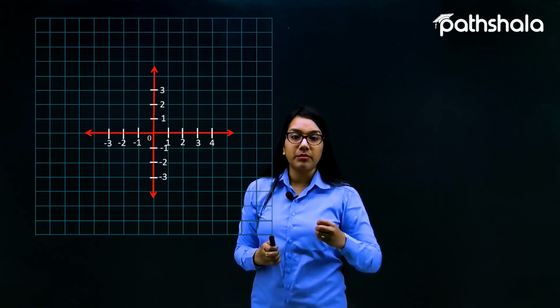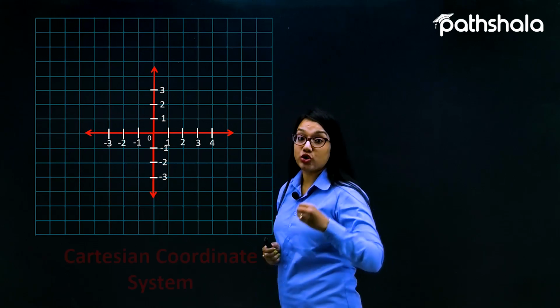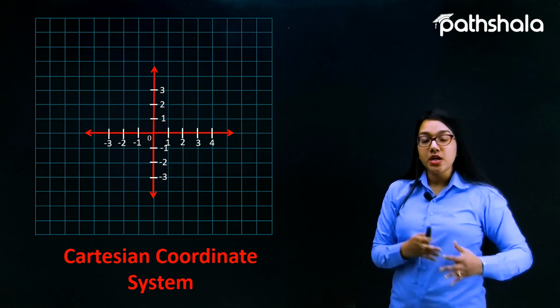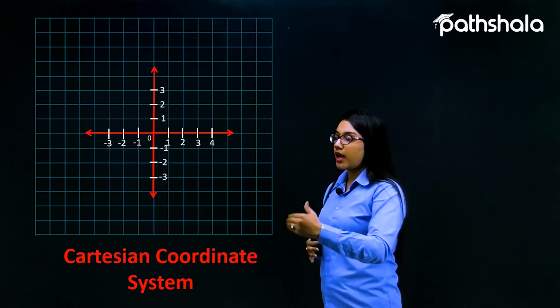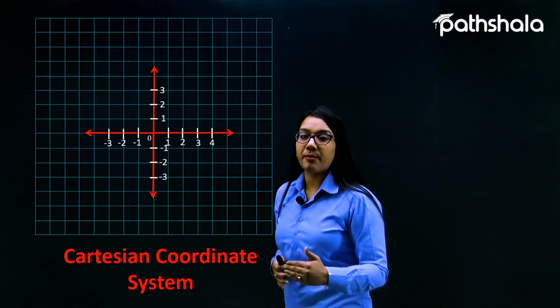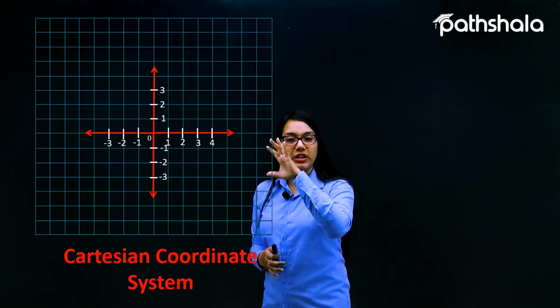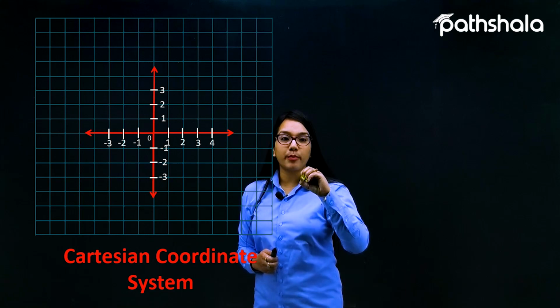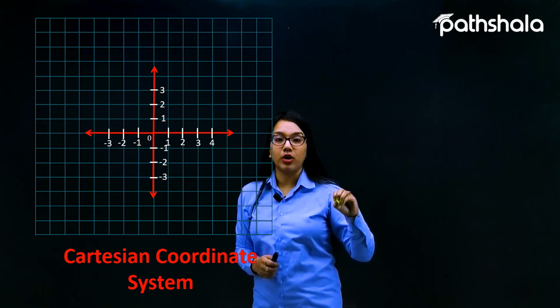This is our Cartesian system, which is also called the Cartesian coordinate system, and with the help of this system we will be able to locate a point in any particular plane.